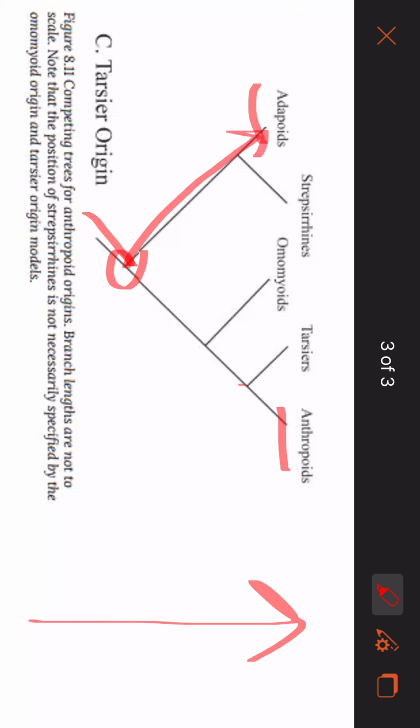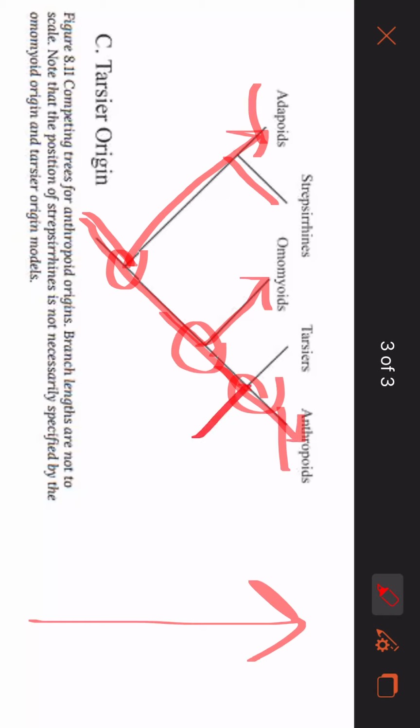Strepsirrhines were a branch, and here a little bit later in time, the lineage split off that eventually led to omomyoids. And in this model, tarsiers share a more recent common origin with anthropoids, right?